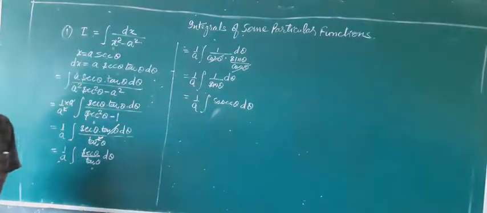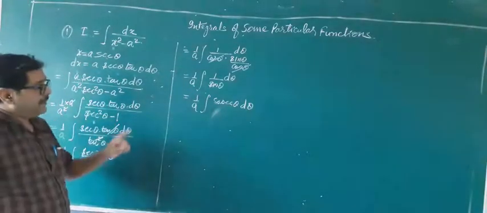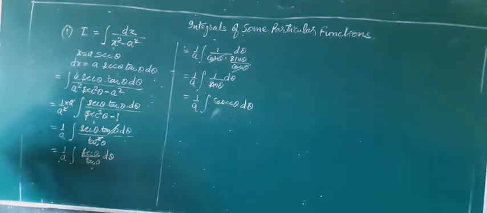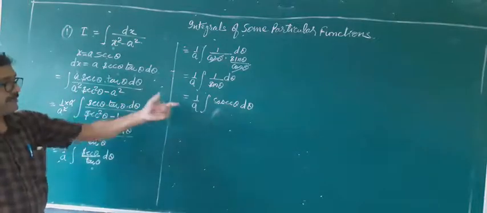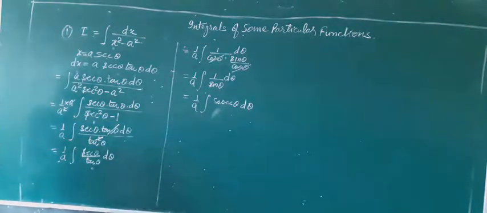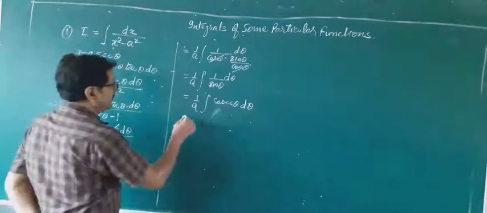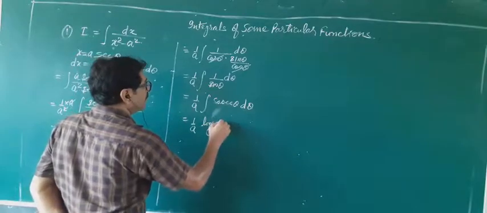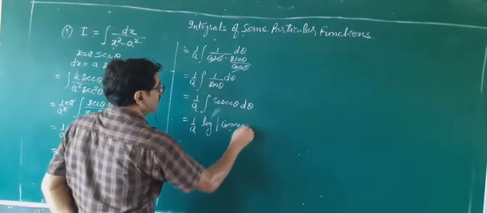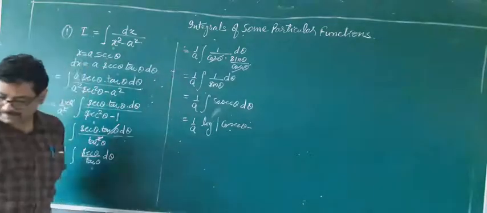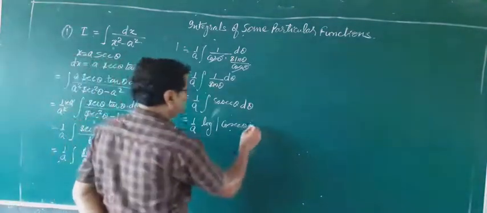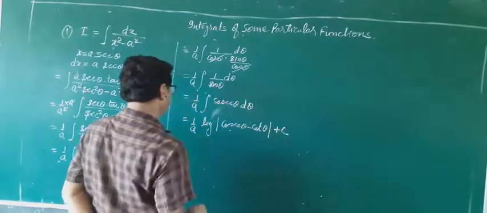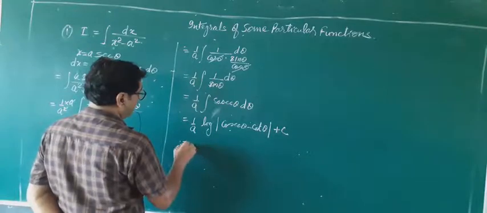We know that the integration of cosec theta is log of cosec theta minus cot theta. So this is 1 by a log of cosec theta minus cot theta plus c.